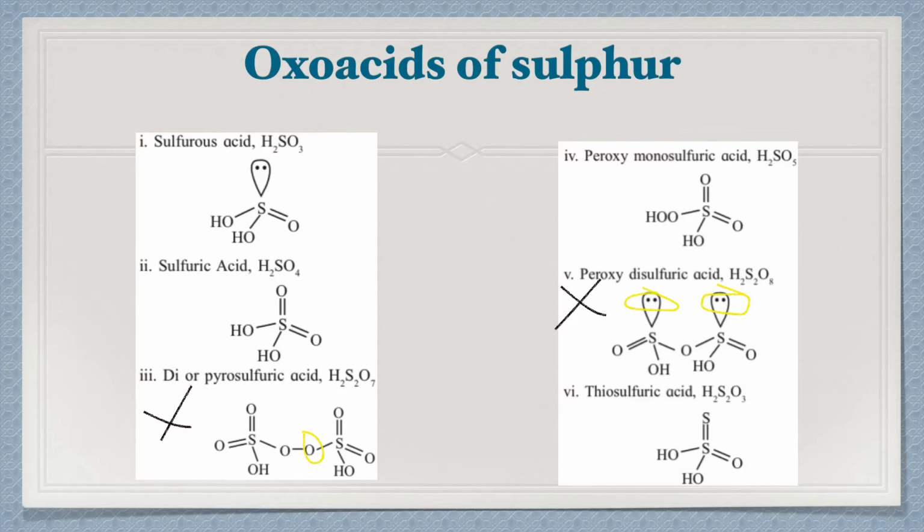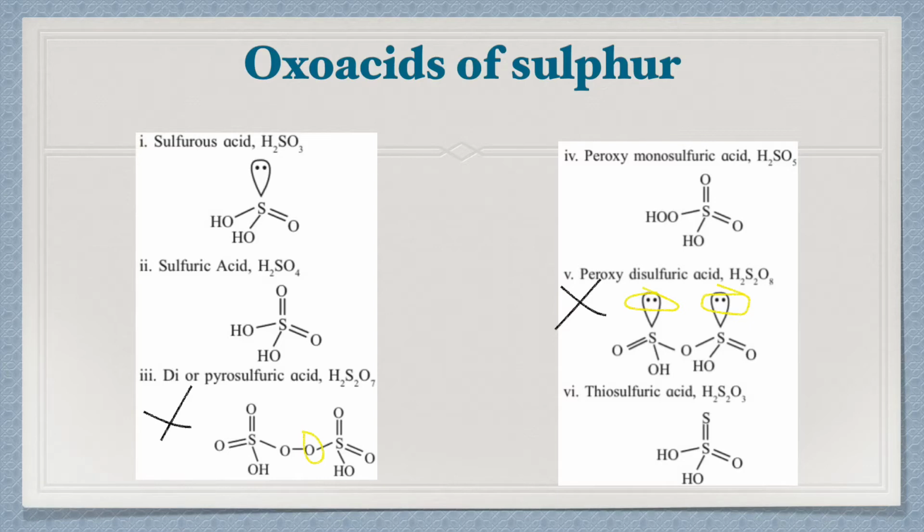Now how to remember all these structures? First thing, count the number of hydrogen in each structure. If, for example, in the first structure there are 2 hydrogen, that means there will be 2 OH groups. Similarly, the number of OH groups depends upon the number of hydrogen there.